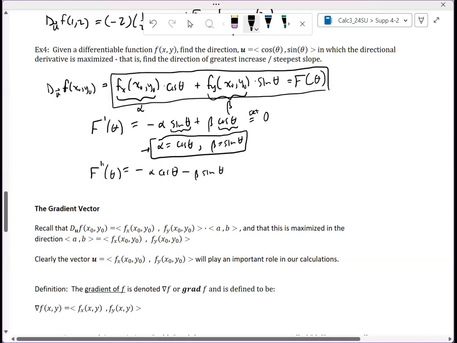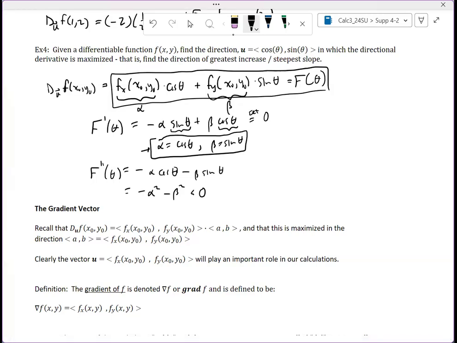And for these choices of cos theta equals alpha and sine theta equals beta, this gives me negative alpha squared minus beta squared, which is less than 0. So we do indeed have a critical point, and it is a maximum.